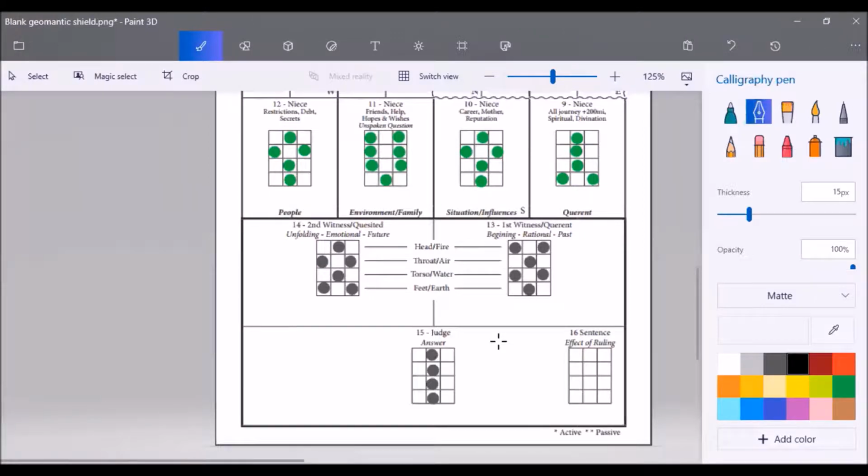You won't get Puer or Puella as a judge. You won't get Cauda Draconis or Caput Draconis as a judge, while they have 5 dots, which is odd. You're not going to have that in a judge.